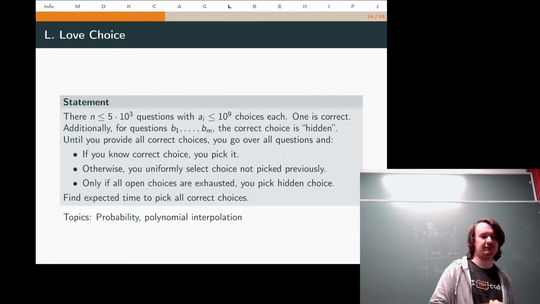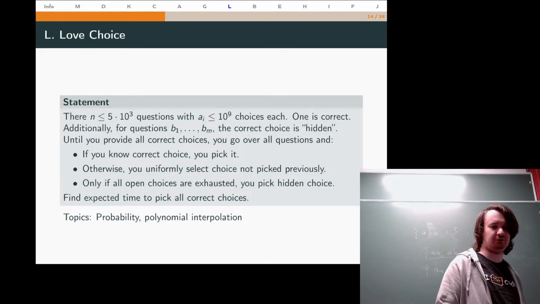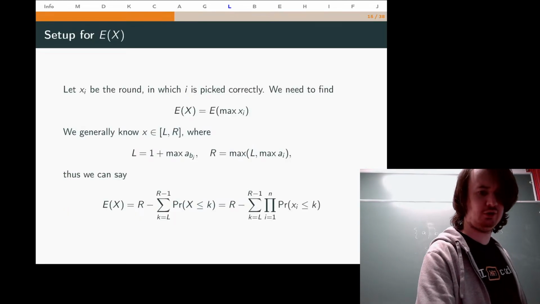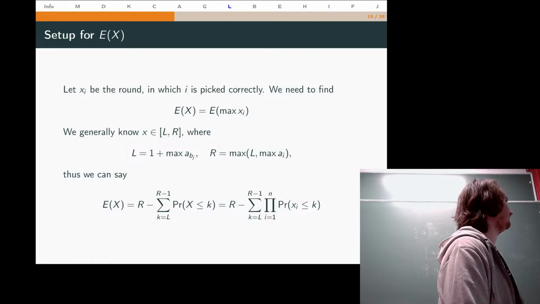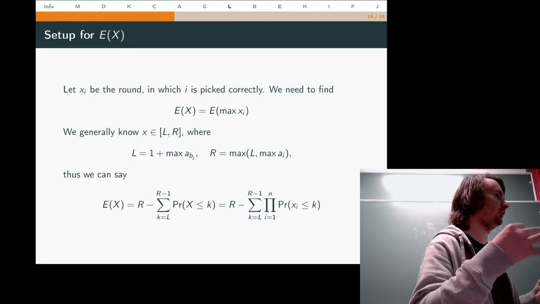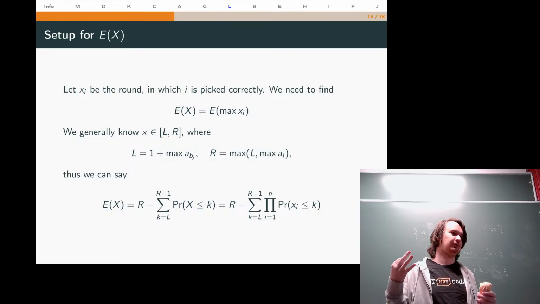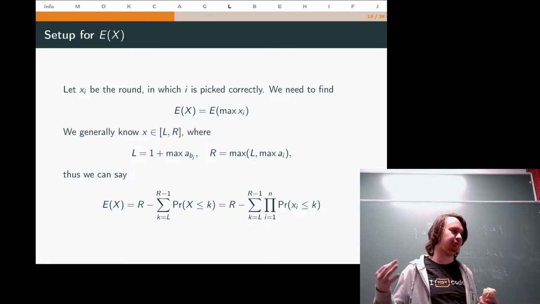So for this setup, we are asked to find the expected time that it will take us to pick all correct choices for all answers in one round. First of all, we need to notice that we don't really care about picking them all in one round, because once we know the correct answer, we will always pick the correct answer in all the following rounds.